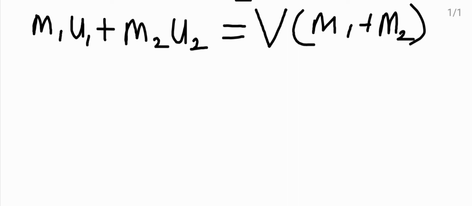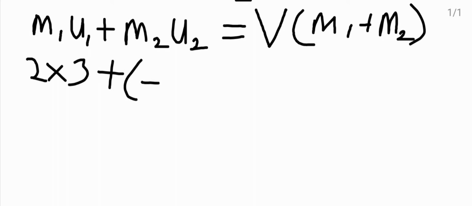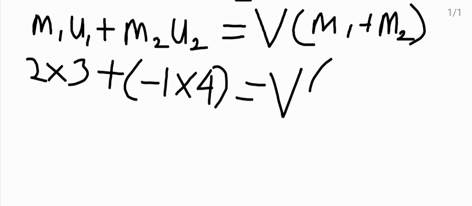So I was told that the first mass of the object is 2, multiplied by the speed of that object, which is 3, plus the second object, because it is coming from the opposite direction, is minus 1 multiplied by the velocity of that object, which is 4, is equal to the total speed v, open bracket, the mass of the first one plus the mass of the second one.